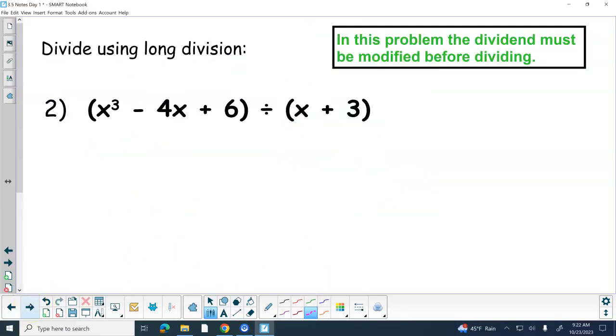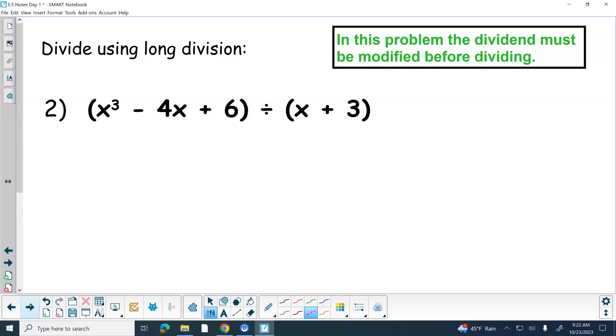Okay. Little note box here on this one. What's missing in our dividend? A squared term, right? Okay.